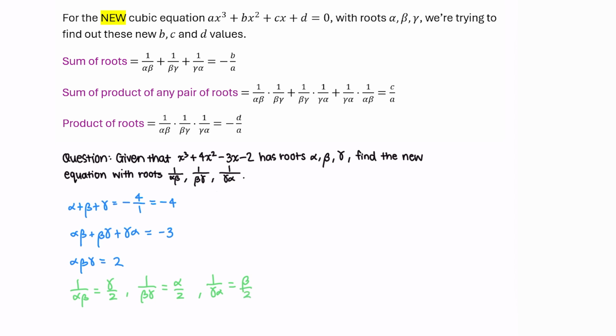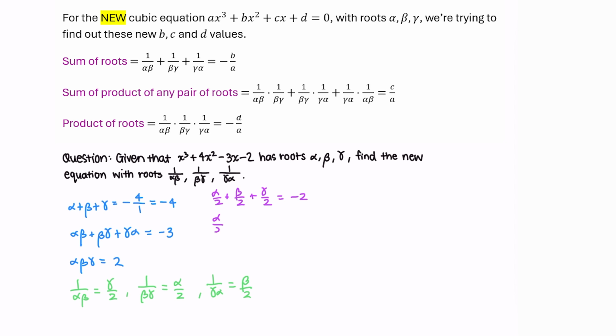So with this information, we can very easily solve for the sum of roots. The sum of roots will just be alpha over 2 plus beta over 2 plus gamma over 2, which is equal to alpha plus beta plus gamma over 2, which is this thing we have over 2, which is negative 4 over 2 or negative 2.